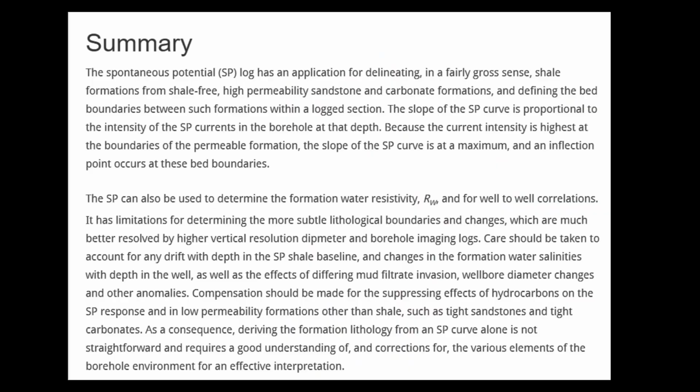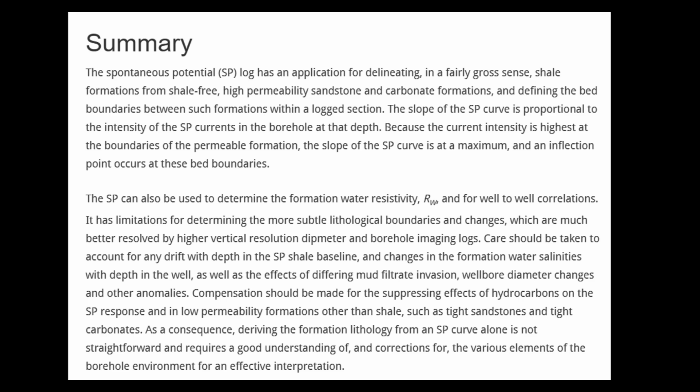So in summary, the SP curve, or spontaneous potential curve log, has an application for delineating shale formations from shale-free high permeability sandstone or carbonate formations. It helps us define the bed boundaries between such formations within a logged section.